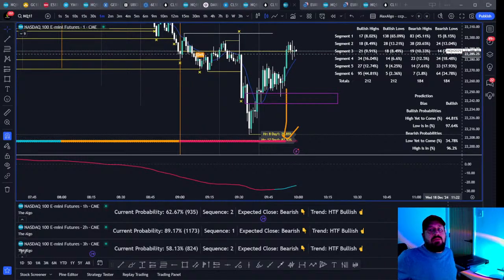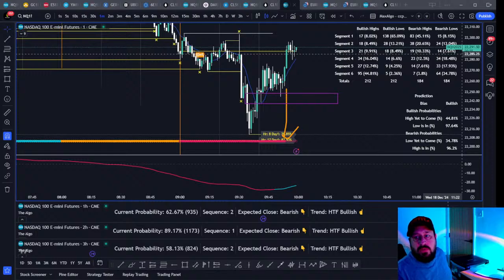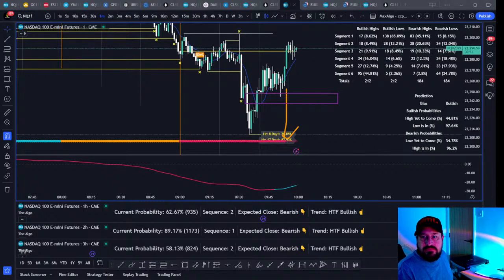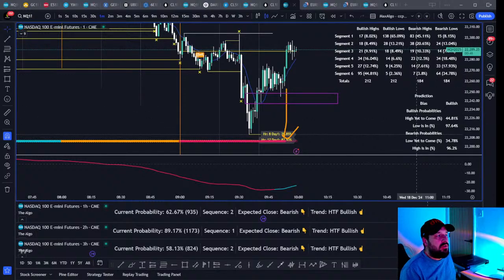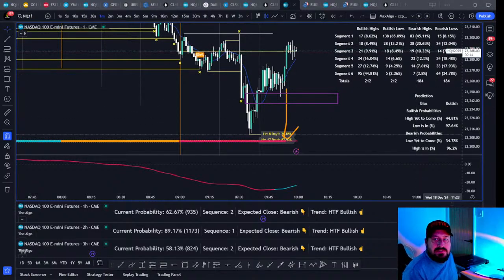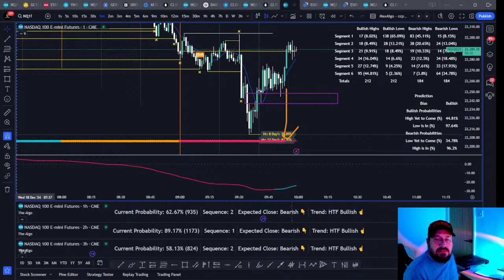I mean, the last hour closed without a wick. It's that strong. Opened, no top wick, no bottom wick, just a solid bar down. So it's interesting.